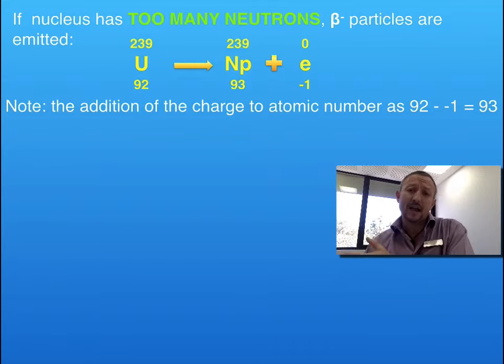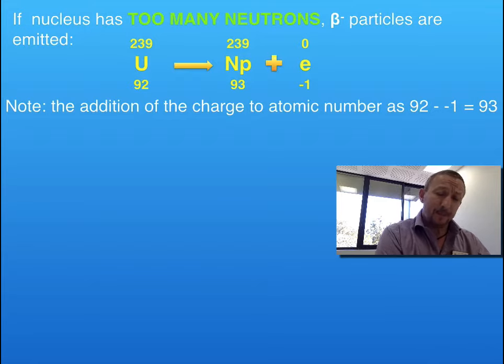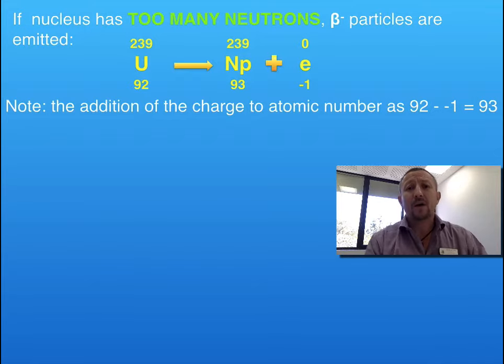So we can go from the right hand side to the left, or if I know that uranium-239 basically releases an electron, then I can take 92 minus -1. A minus and a minus makes a plus, so we can add them together.